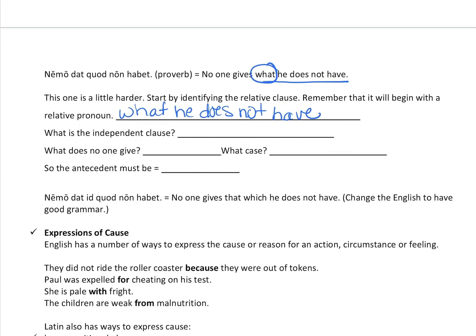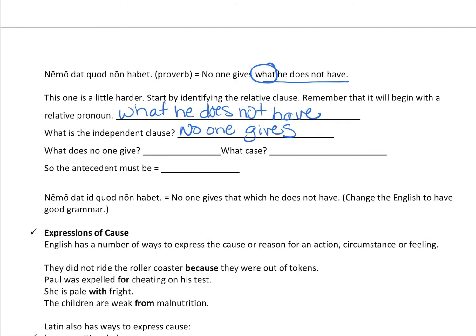The independent clause needs to be whatever's left: no one gives. All right, here's the question. "No one gives" is not a complete sentence. What are we missing? No one is the subject. Give is the verb. No one gives.